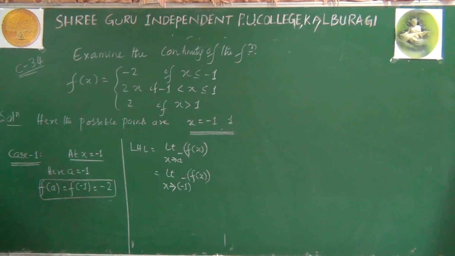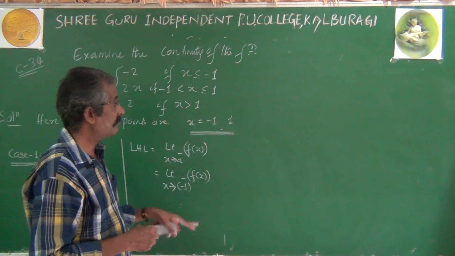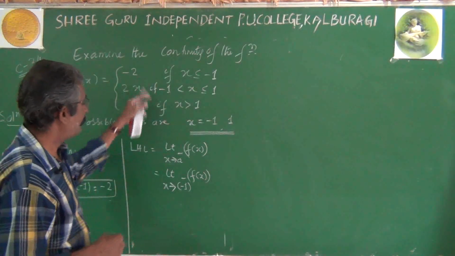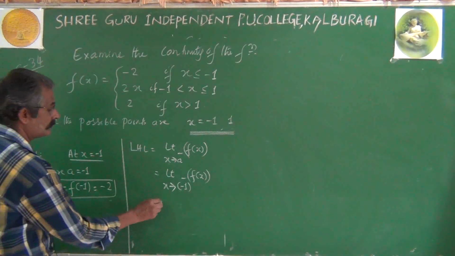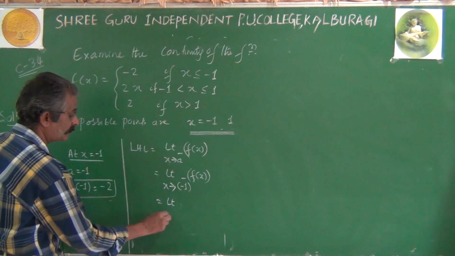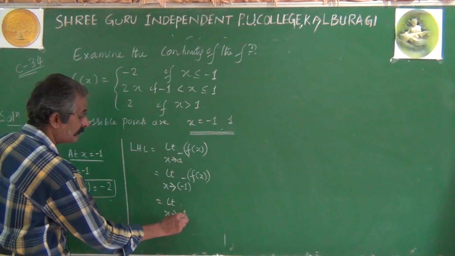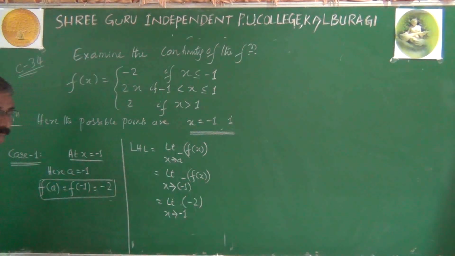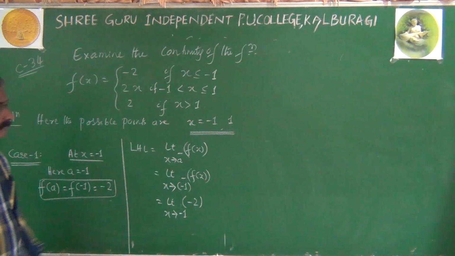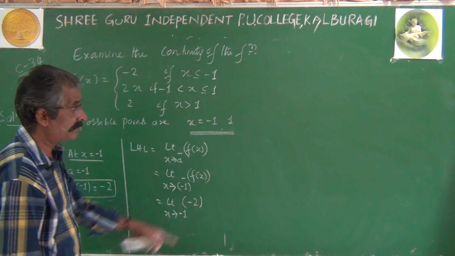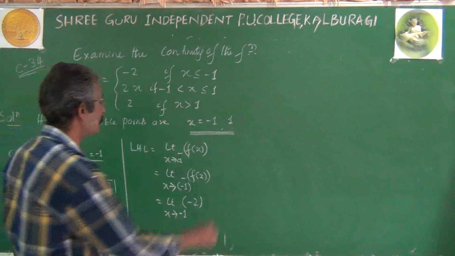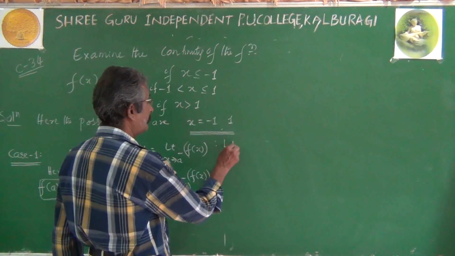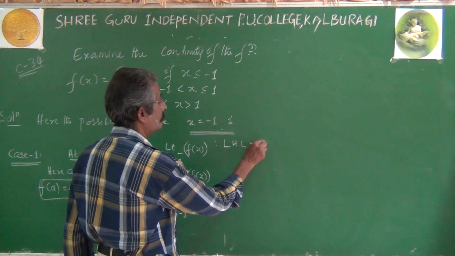Minus 1 minus means when x less than minus 1. When x less than minus 1, function value is minus 2. So limit x tending to minus 1 of minus 2. Because the limit of a constant is the constant, therefore left hand limit equals minus 2.